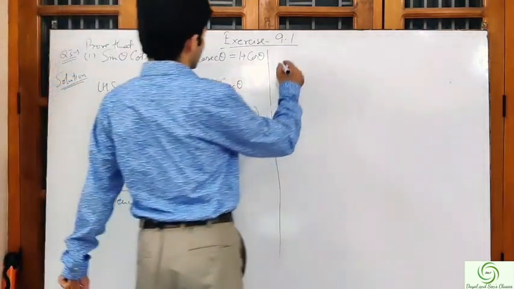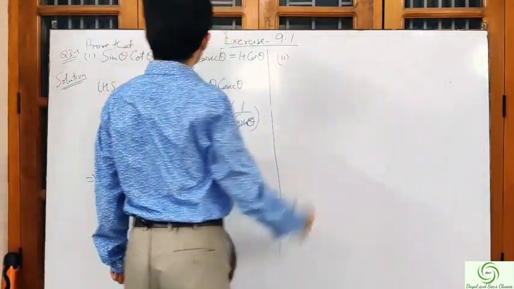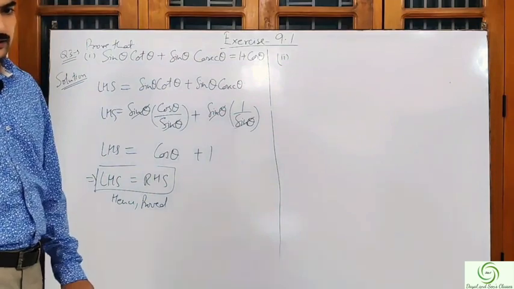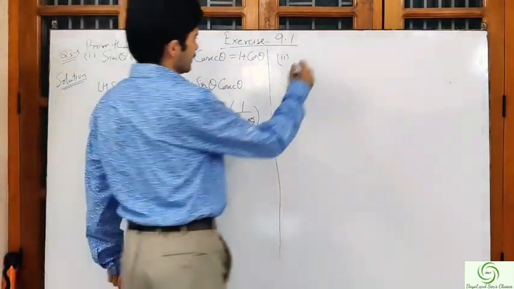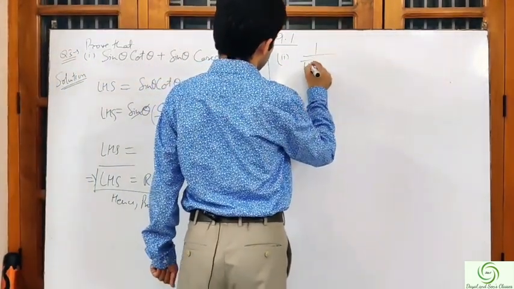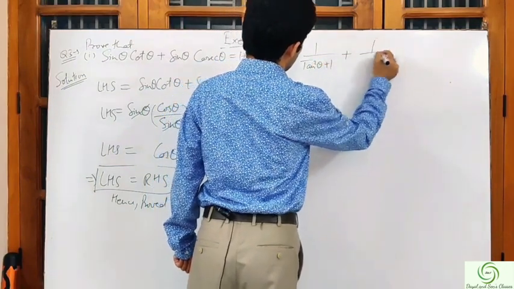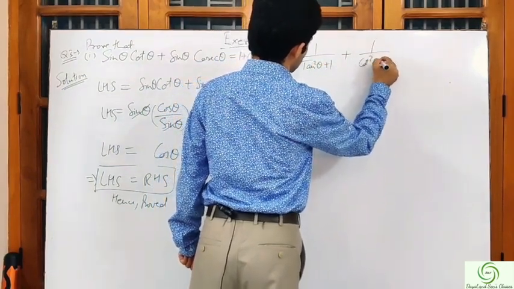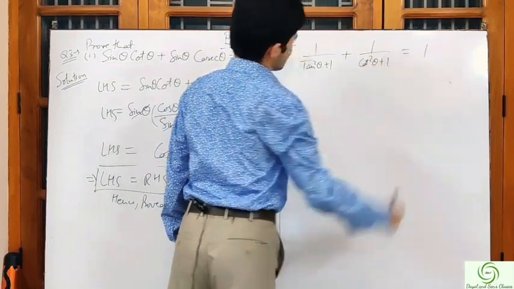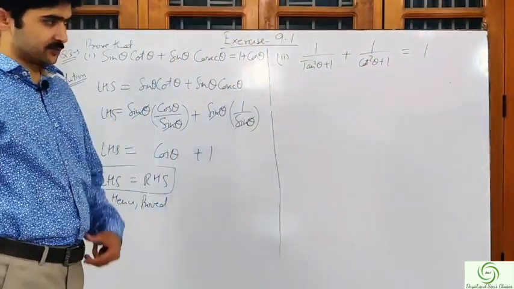Now let us solve the second question. The second part of this is 1 upon tan square theta plus 1 plus 1 upon cot square theta plus 1 is equal to 1. This we need to prove.